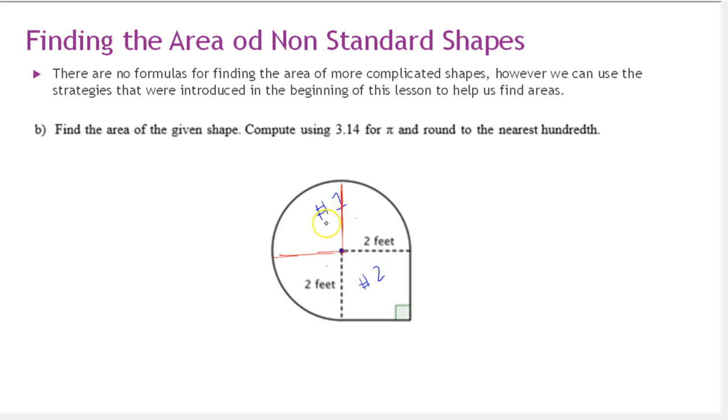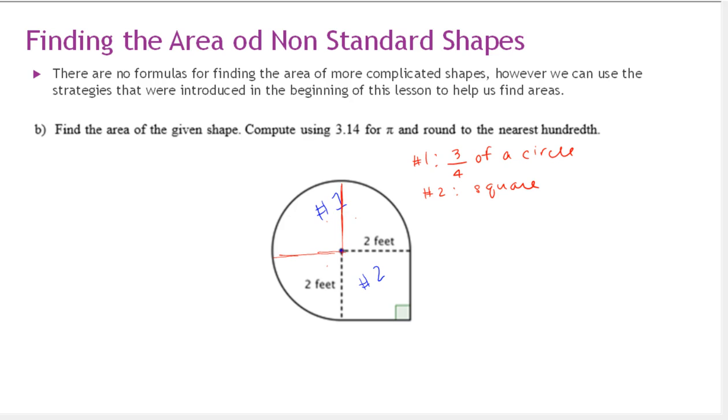So we have 3 out of 4, or 3/4 of a circle. That's our first piece that we want to find. And the second piece is a square. So let's find these areas.